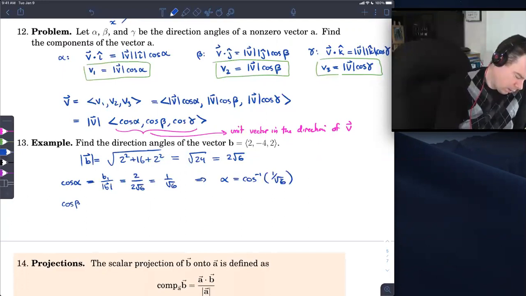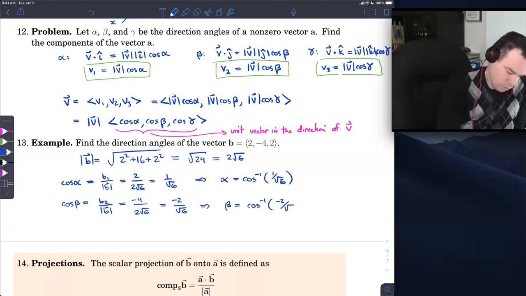For cos beta, we get that as b2 over the magnitude of b, or in other words, negative 4 over 2 root 6, or negative 2 over root 6, which implies that beta is equal to arc cos of negative 2 over root 6.